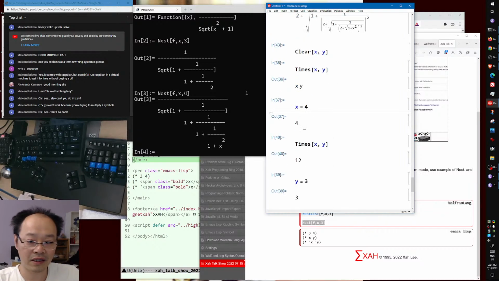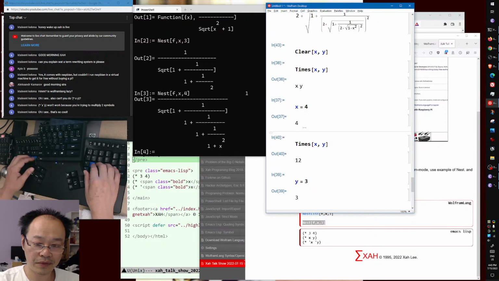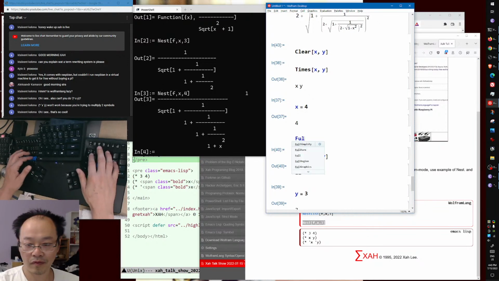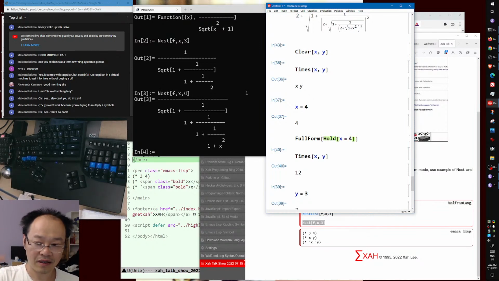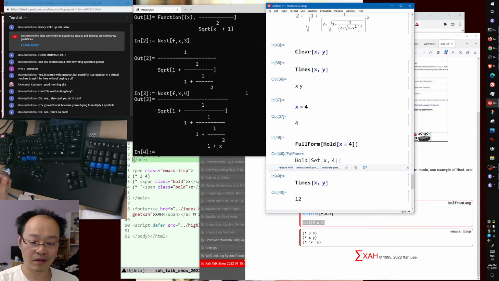For example, x equals to 4, the full form is actually, let me show you. So full form, you code hold, so it doesn't evaluate. Then you give the expression x equals to 4. It's going to be Set square bracket something. So you see, the full form may not be what it seems.